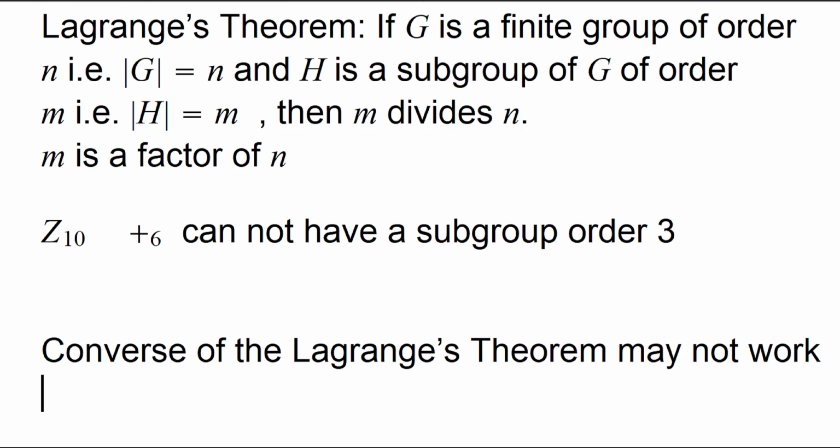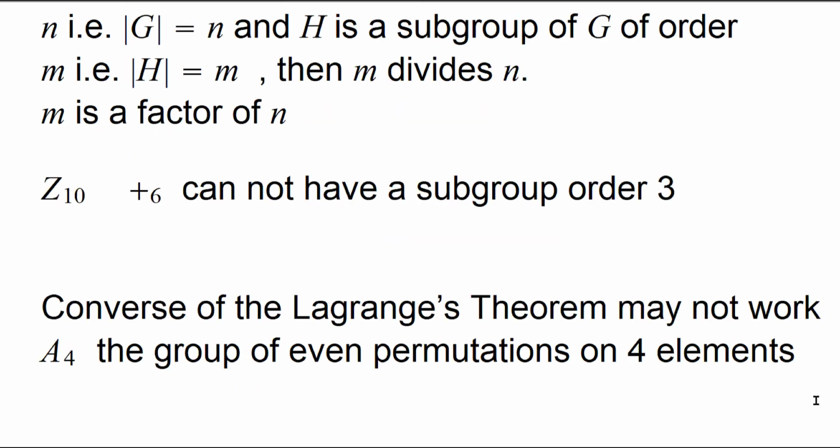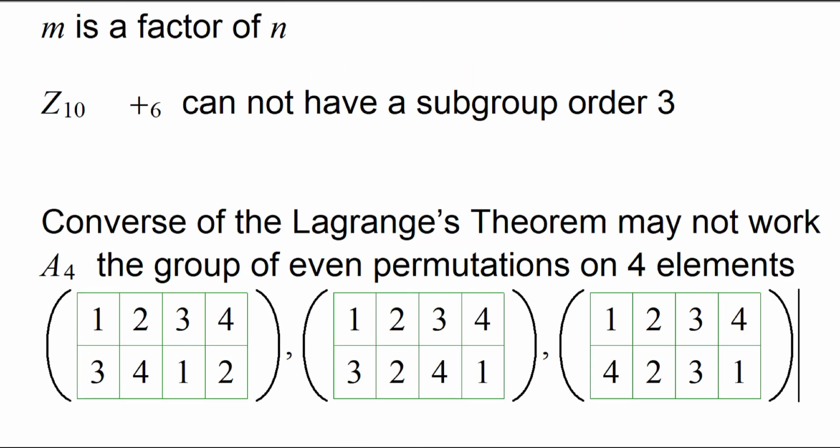That is A4. Who is A4? A4 is the group of even permutations on 4 elements, that is, if we take permutations on 4 symbols.